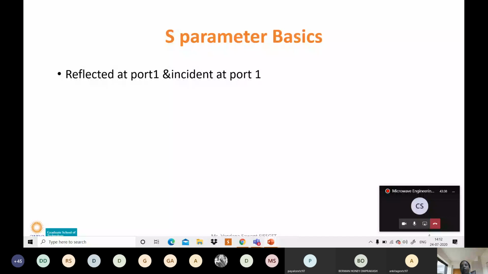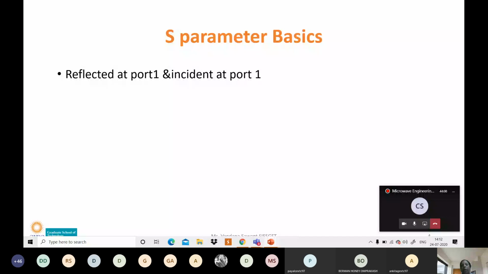I have to start with a capital S. Then I have to write the port number where I am measuring the reflected signal, which is port 1. And then I have to write the port number where I am measuring the incident signal, which is also port 1.